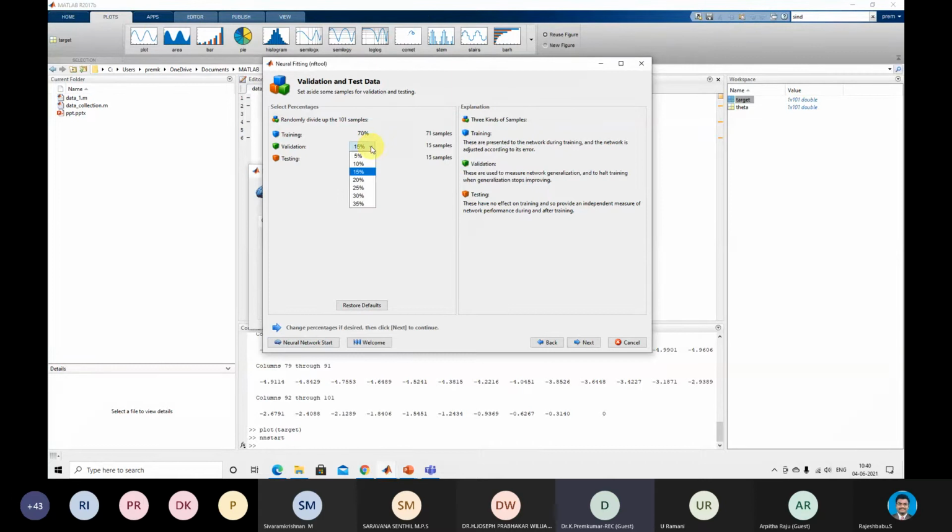You can adjust the number of samples used for training, validation and testing. Suppose I take 20%, what will happen to the training samples? The training sample percentage is going to decrease, right? So you can choose accordingly. Here we will take the default values 70%, 15% and 15%, and then click the next button.